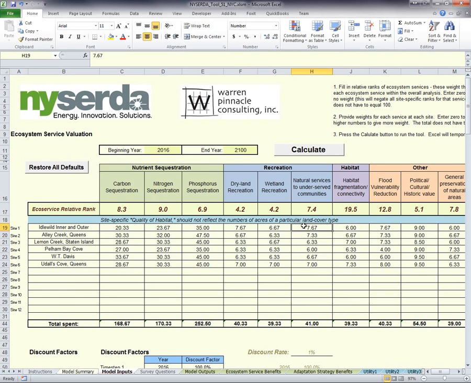For example, we could use the SAVI index to calculate where the underserved communities are. In some cases, it makes sense to leave them flat if you don't know the site-specific differences, such as nutrient sequestration. But for some elements like recreation or flood vulnerability, if you have a site which is really not protecting any infrastructure, then wave attenuation is going to be less important. So I think that there's still some work that can be done to refine these case studies.